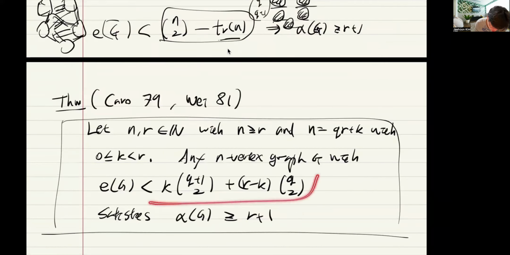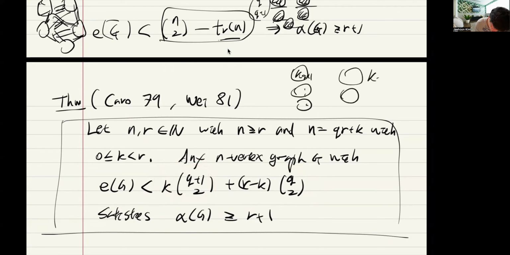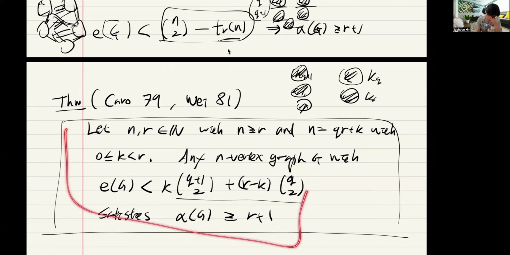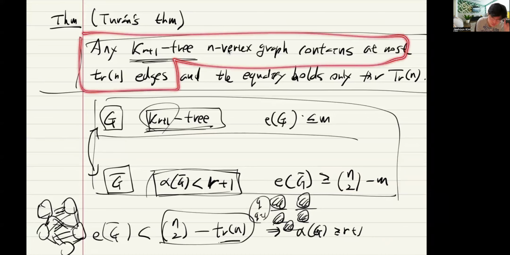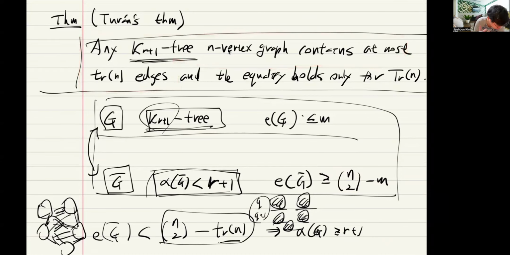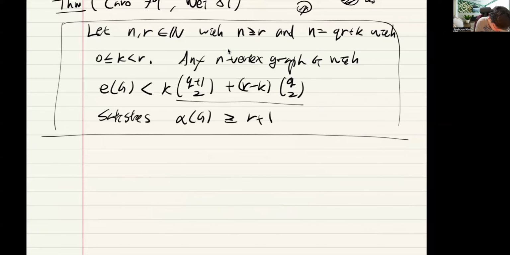So that's exactly the number of edges here. You take k copies of K sub q plus 1, and then r minus k copies of K sub q, and the number of edges is exactly this. So you can check that this is actually equivalent to this statement when you consider the complement. So we want to prove this.